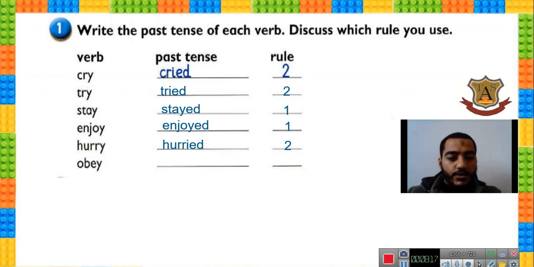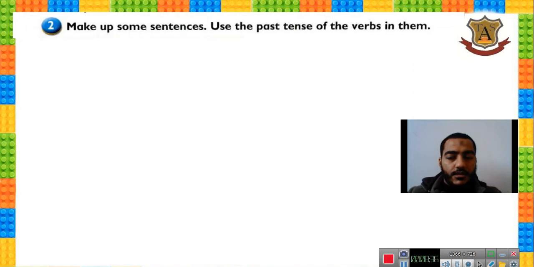Obey ends with Y and before Y is a vowel, which is E, so we just add ED and this is rule number 1.